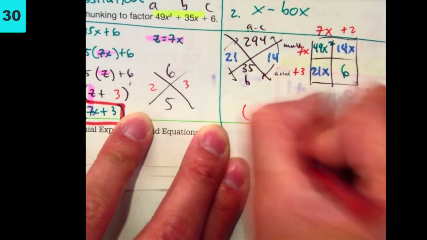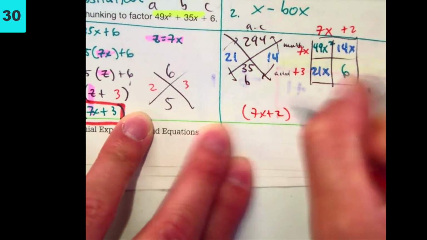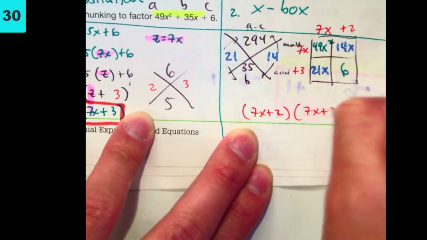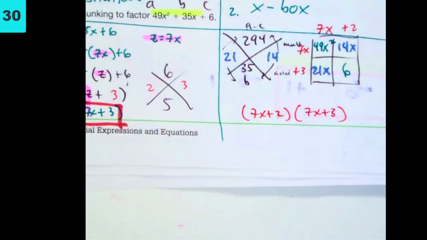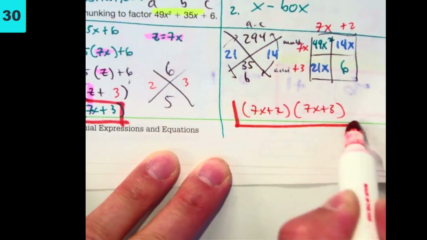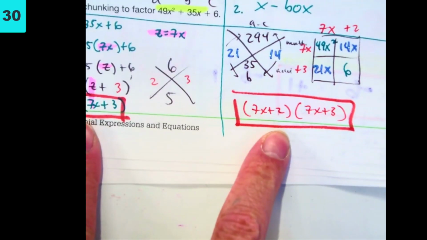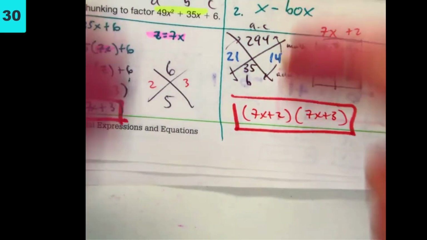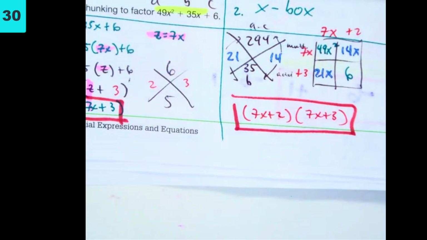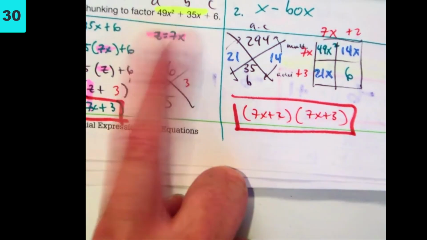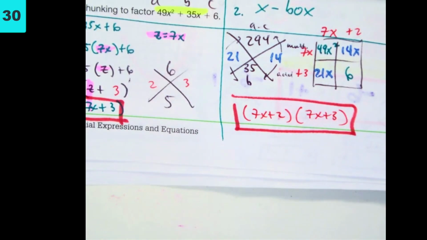And then my answer is 7x plus 2, 7x plus 3. Class, did we get the same answer? Yeah. So this one, you had to work with larger numbers. Again, in our examples later on, I won't give you such large numbers.